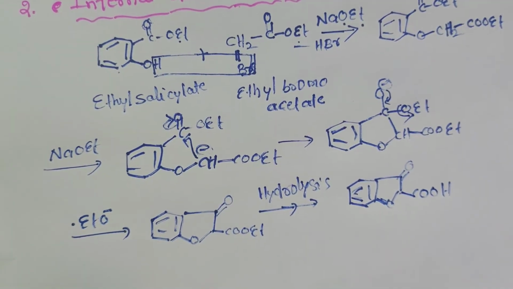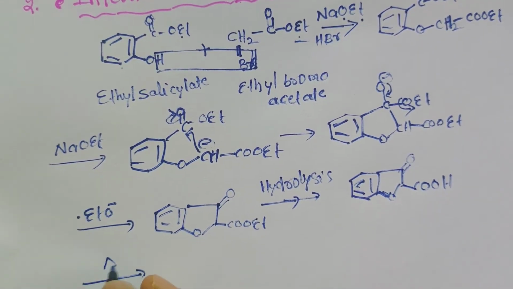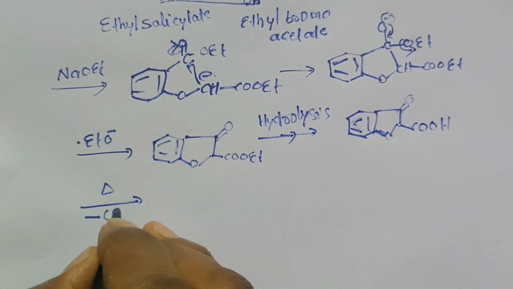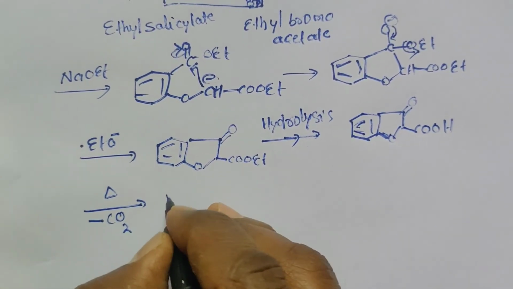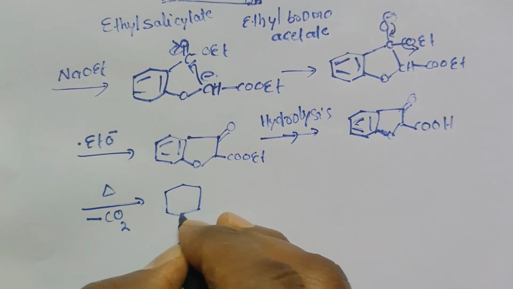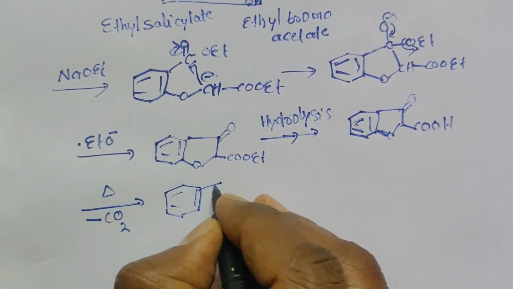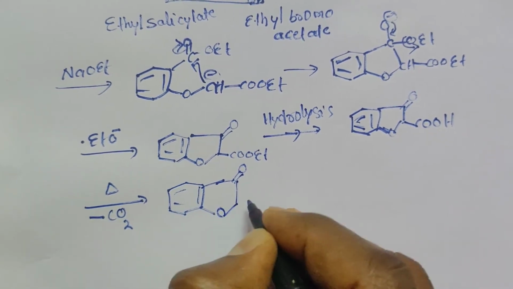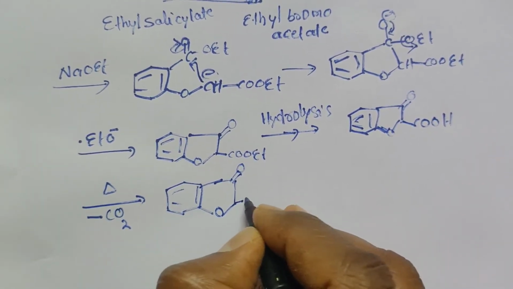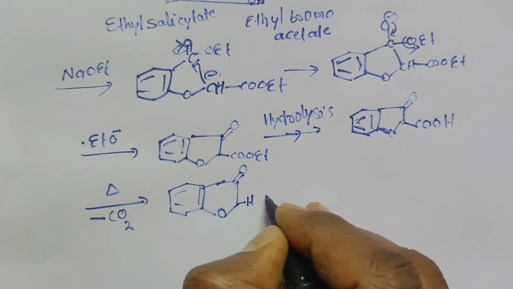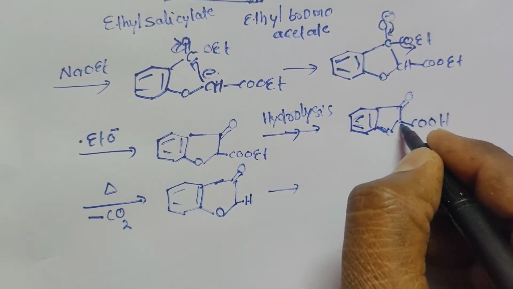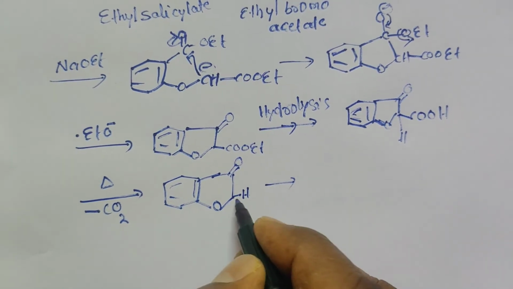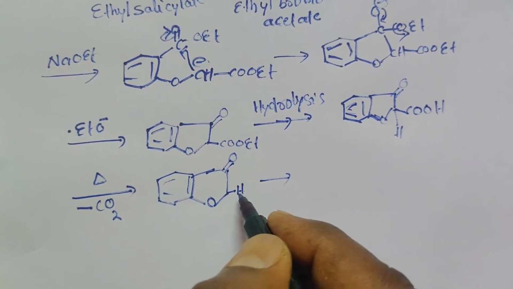This carboxylic acid on heating loses the carbon dioxide molecule, and here we get the hydrogen. Already one hydrogen is there, so on losing carbon dioxide we get one more hydrogen, that means two hydrogens, but I am writing here only one hydrogen.